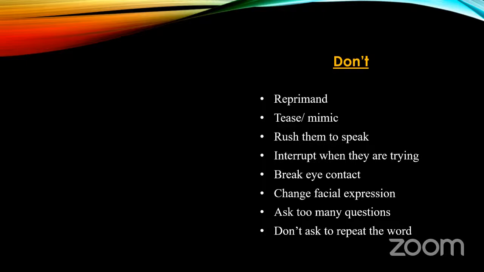Do not rush them to speak. Do not interrupt when they are trying to speak. Do not break eye contact. Do not change facial expressions. Do not become very exasperated or frustrated that the child is stammering. And don't ask too many questions in a hurry. And very, very importantly, don't ask to repeat the word.